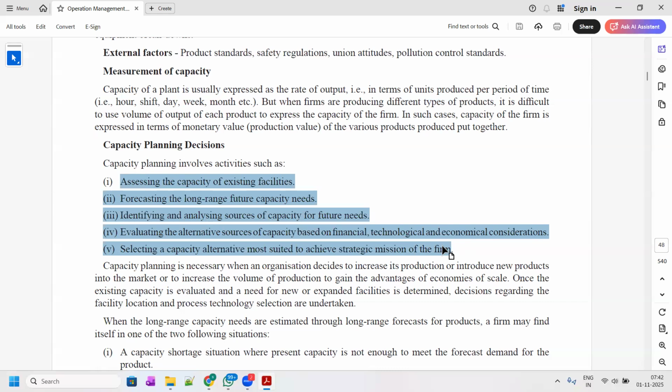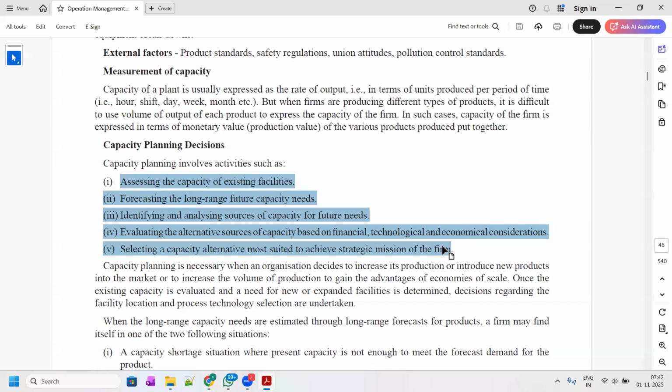That is what capacity planning is all about, where you first analyze your existing setup, then think about how to forecast the long-range future capacity needs, so that every time you get new data, you should not start redeveloping your existing setup, which will affect the quality standards.